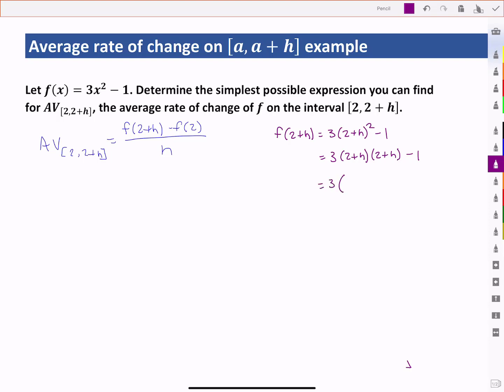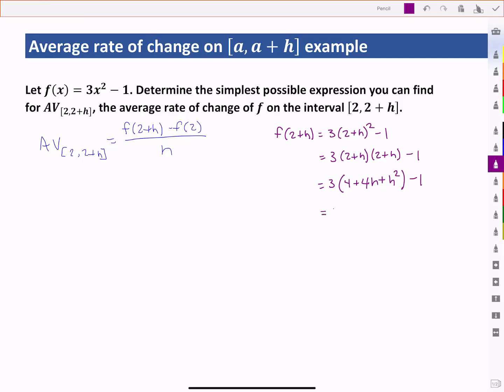And if we multiply 2 plus h times 2 plus h, we get 4 plus 4h plus h squared. So we have 3 times that quantity minus 1. Distributing the 3 gives us 12 plus 12h plus 3h squared minus 1. And when we simplify that, we find that f of 2 plus h equals 11 plus 12h plus 3h squared.